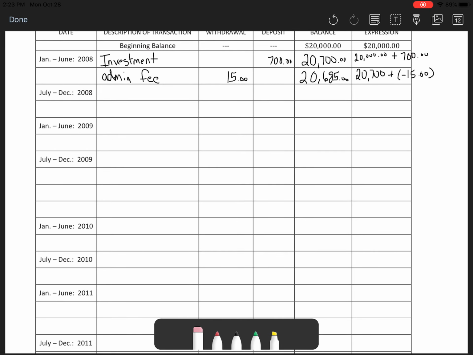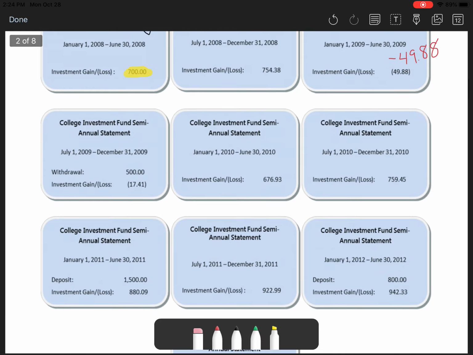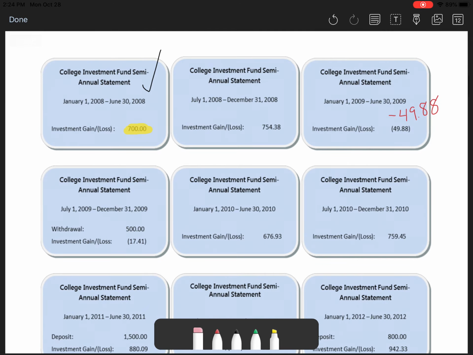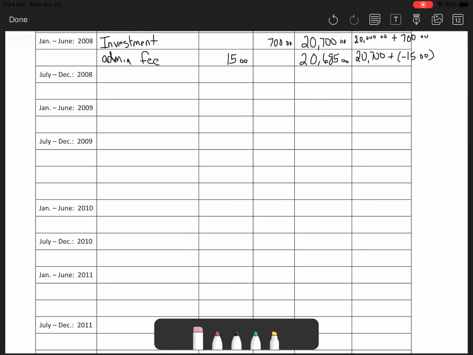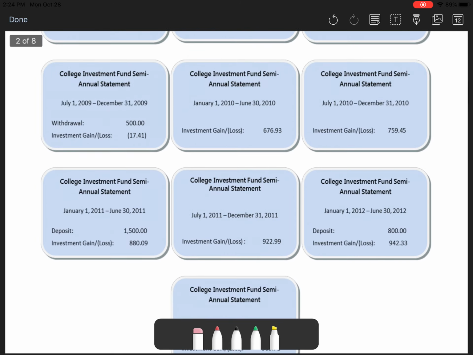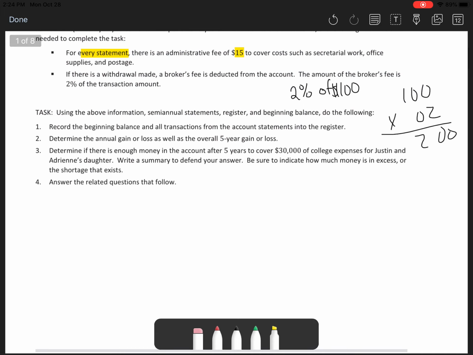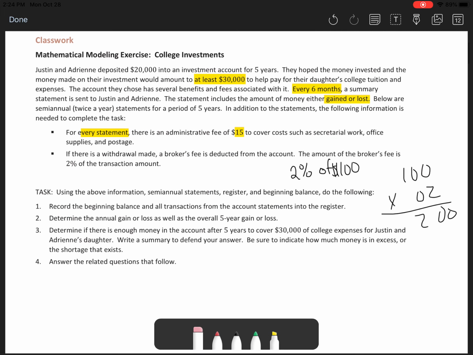This one right here, from July to December, we see 1, 2, 3, 4 spaces because we have a withdrawal. So one of these lines is going to say withdrawal, and it's also going to have that broker fee, because remember, there is a 2% fee.